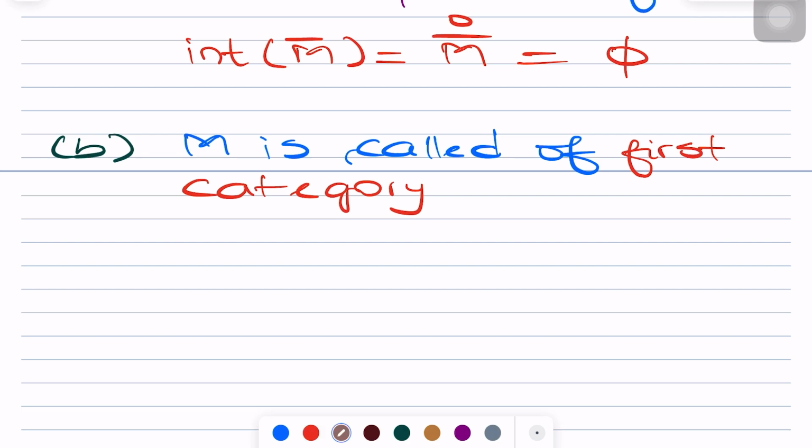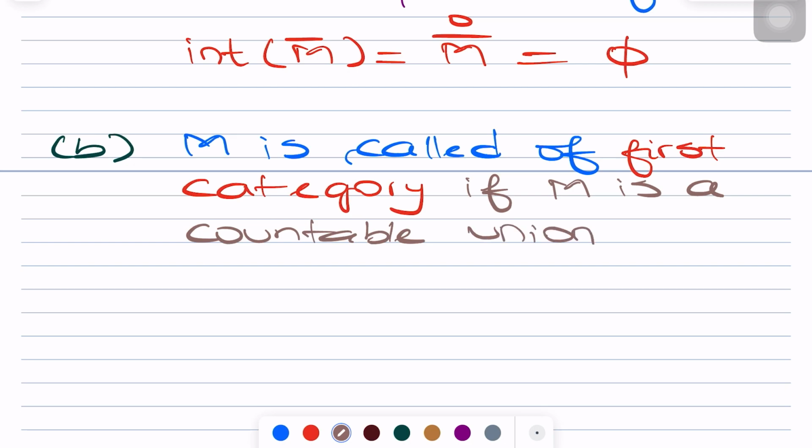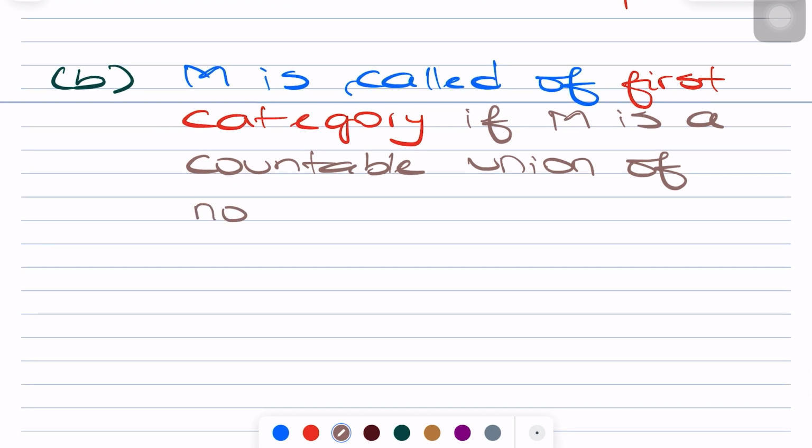So a set is of first category if it is a countable union of nowhere dense sets. Then you have the last definition.